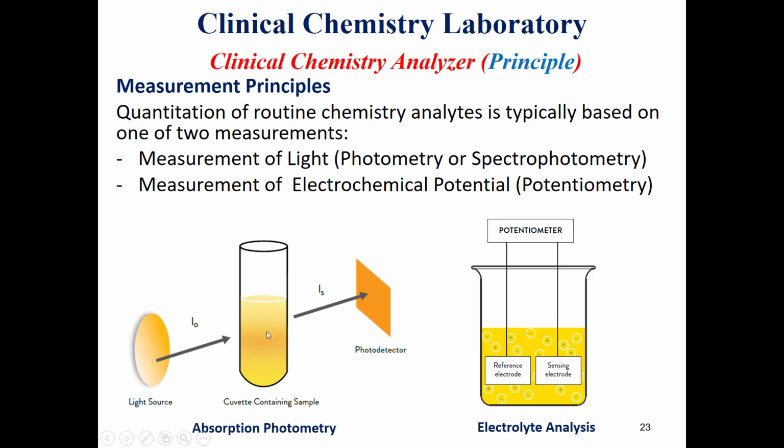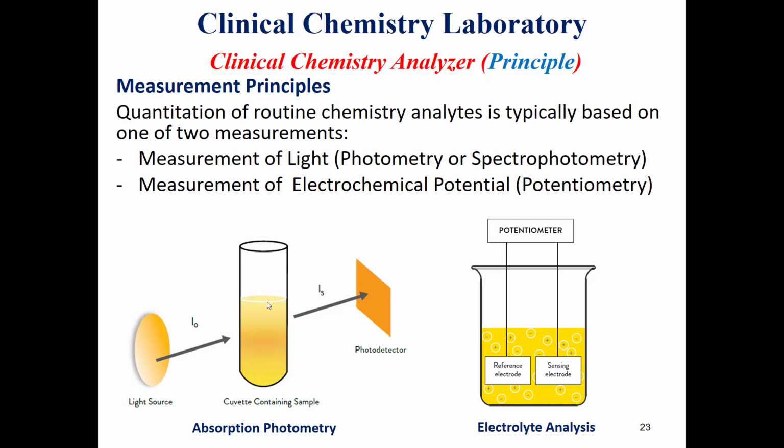Each analyte reacts with the reagent to form a final product. This final product will absorb a specific wavelength. So we have what we call a monochromatic filter, which is needed to measure the concentration of an analyte in serum.